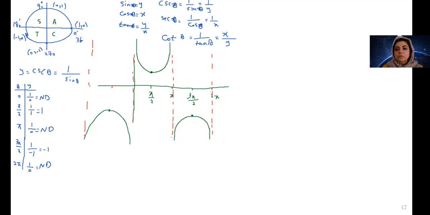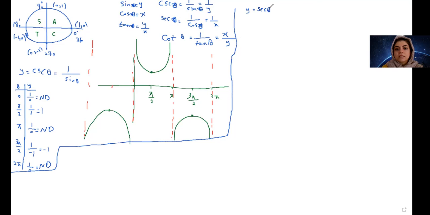Now we can do, just put a line here. Now I'm going to do secant. Y is equal to secant theta.